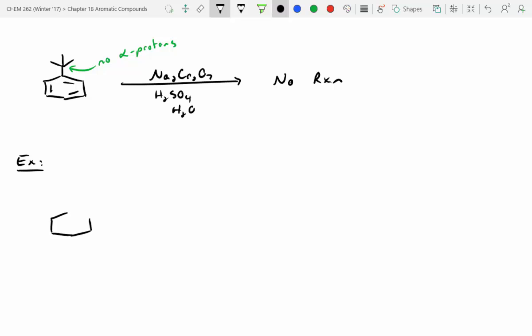So let's say I've got this compound, and I'm going to do Na2Cr2O7, H2SO4, and water. What will the product be?